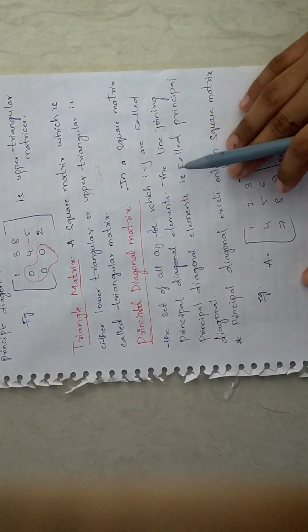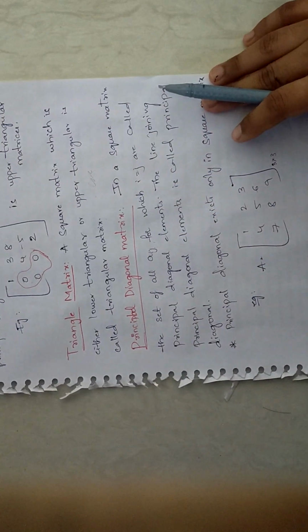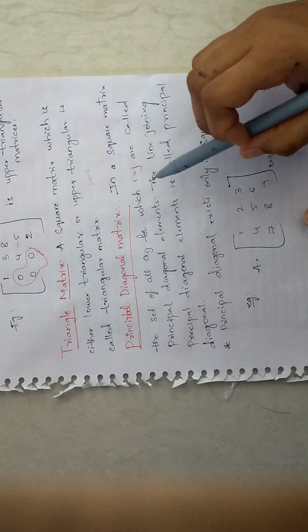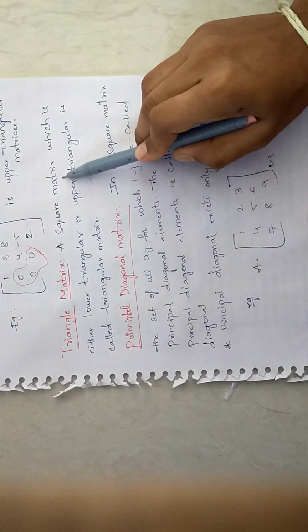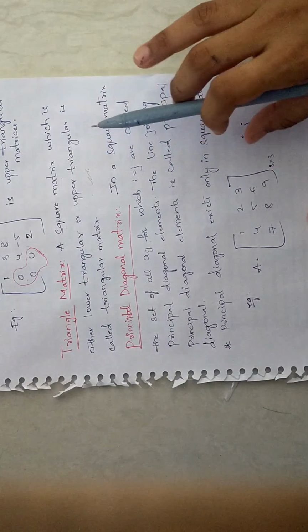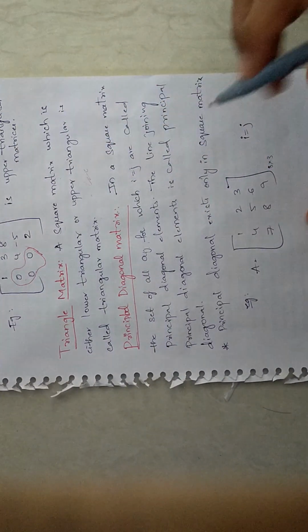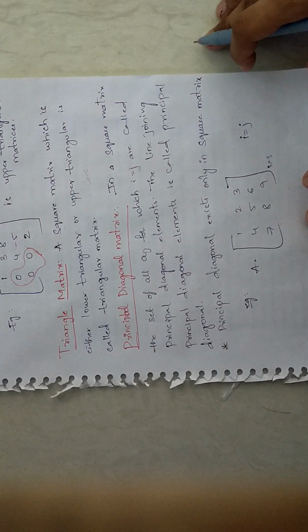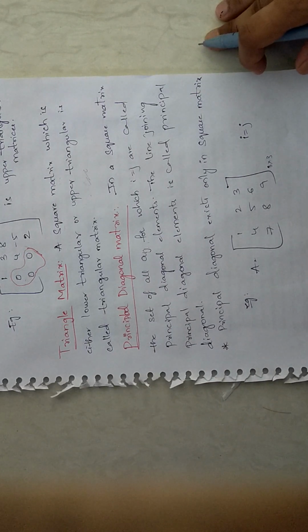Next, principal diagonal matrix is important. If a square matrix, and also make sure that when you are reading the definition, you observe whether it's a square matrix or just a matrix. We have a difference. Square matrix means rows and columns should be the same. Just matrix means there isn't any condition that rows and columns should be the same or different. It can be any of them.